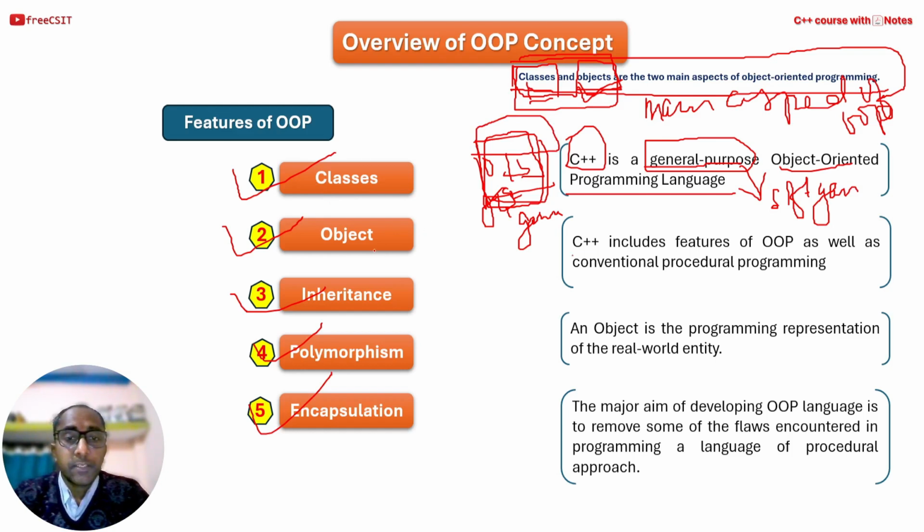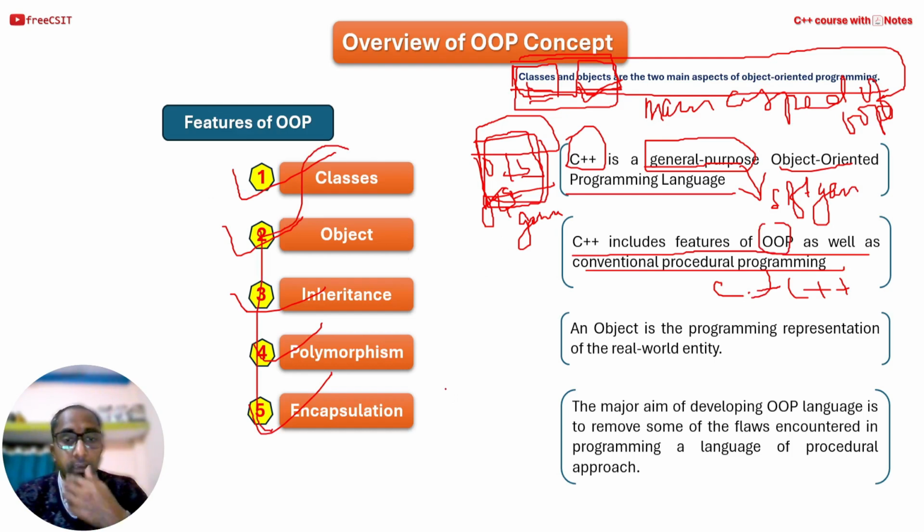So C++ includes features of OOPs as well as conventional procedural programming. It means C language plus C++ includes the OOP concept. This is the feature of the OOP concept.